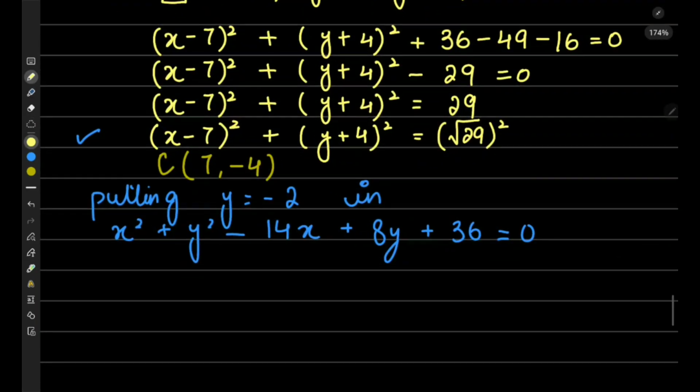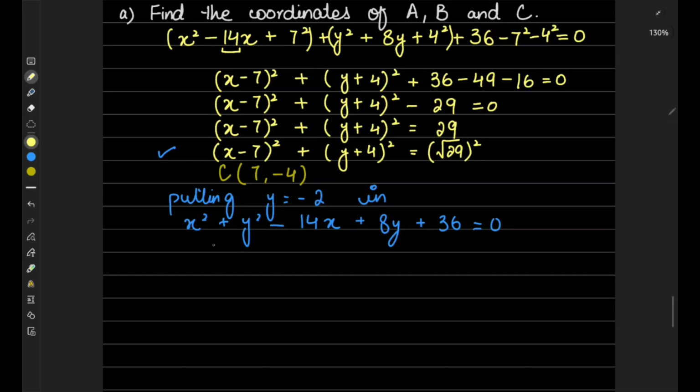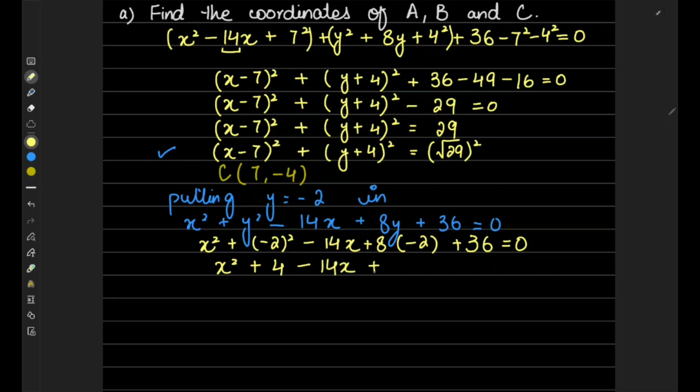It will give you x square plus minus 2 square minus 14x plus 8 times minus 2 plus 36 equals 0. So this gives you x square plus 4 minus 14x minus 16 plus 36 equals 0. Simplifying, 36 plus 4 is 40 and 40 minus 16 is 24.